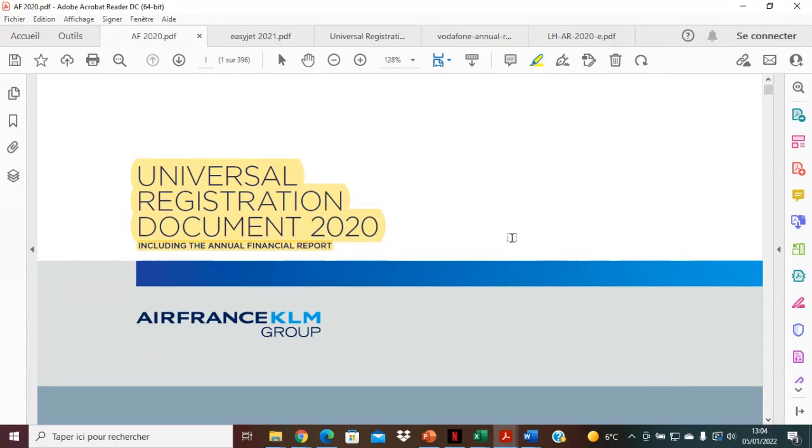The Universal Registration Document is recommended in France for listed companies. Okay, so it's not mandatory. Roughly 50% of the French listed companies prepare this Universal Registration Document. The other 50% do not. They just present the annual financial report.